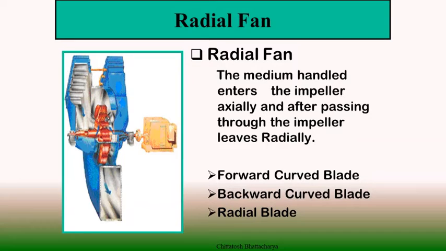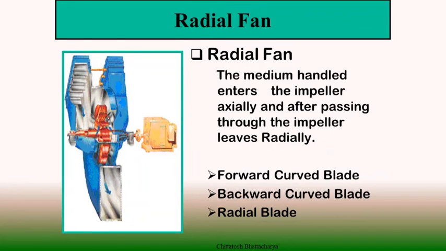This classification is based on how they are curved, in terms of the tangent drawn at the tip of the impeller blades, whether it is making an acute angle with the direction of flow, or an obtuse angle, or 90 degrees with the direction of flow.